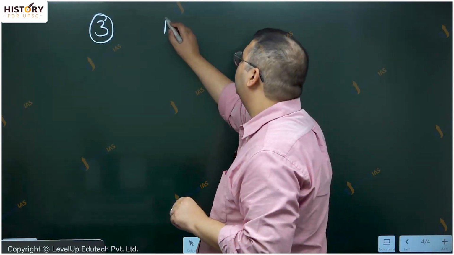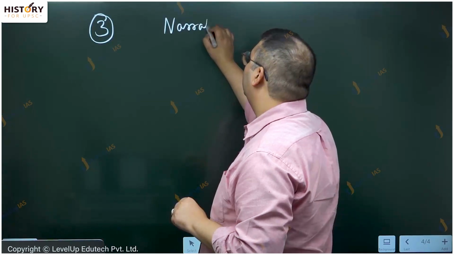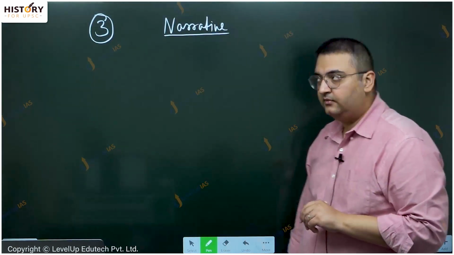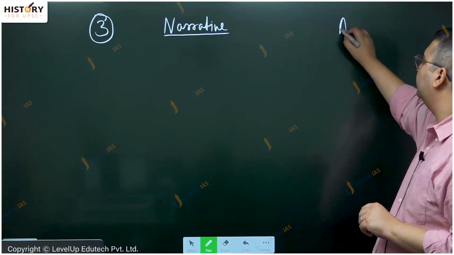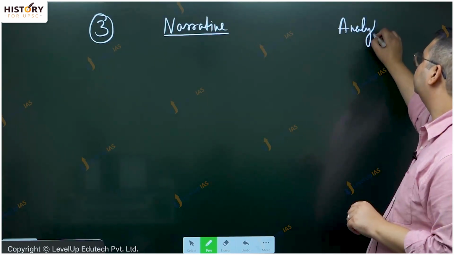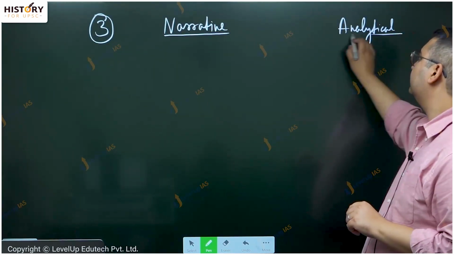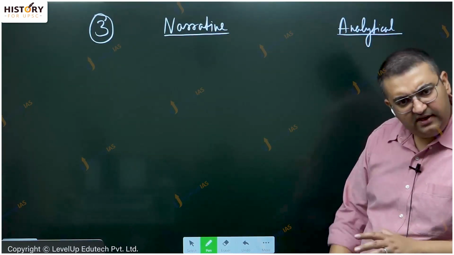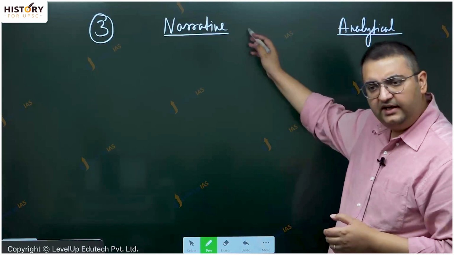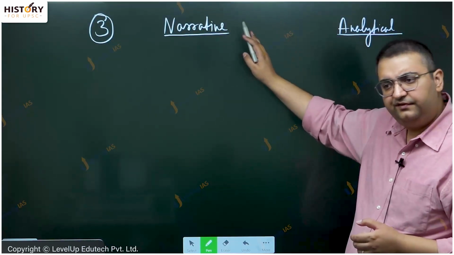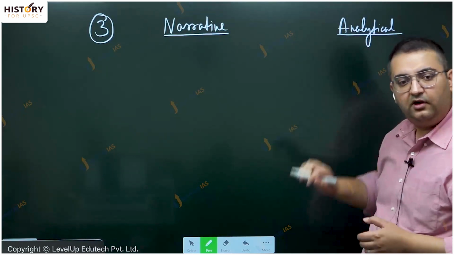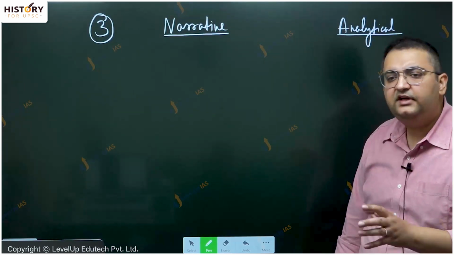One are the narrative type questions and the other are the analytical type questions. On average, in any year's paper, you will find the weightage is roughly equally divided. So 50% of the questions are going to be of narrative type, 50% of the questions are going to be of the analytical type. What is the difference between the two?